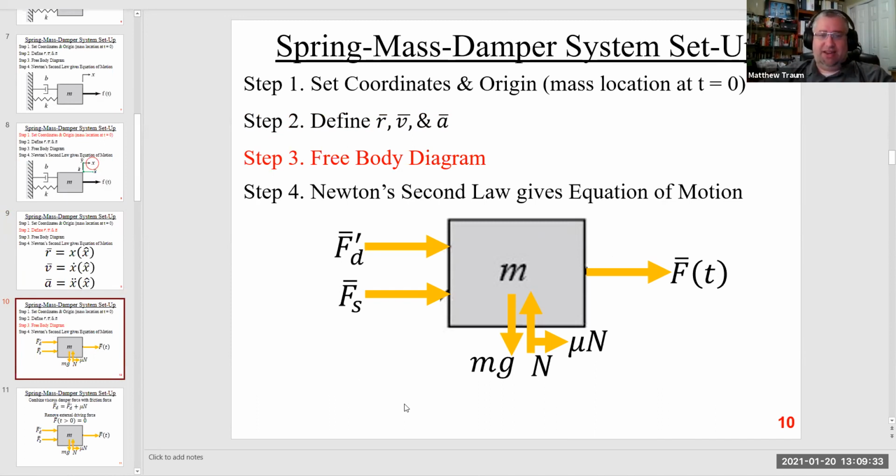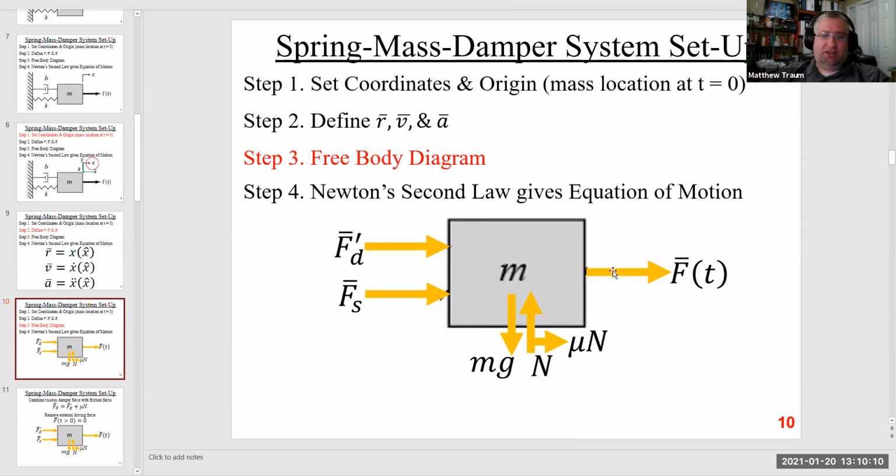So long as you're consistent, even if you guess wrong with the direction of a particular arrow, as we'll see as we move through the derivation, Newton's second law will actually sort out for you where those forces should actually be in the opposite direction instead of the direction that you've drawn them. So provided you've got all of the forces at their correct locations, there's no need, at least in the free body diagram, to worry about the directions because the directions will sort themselves out.